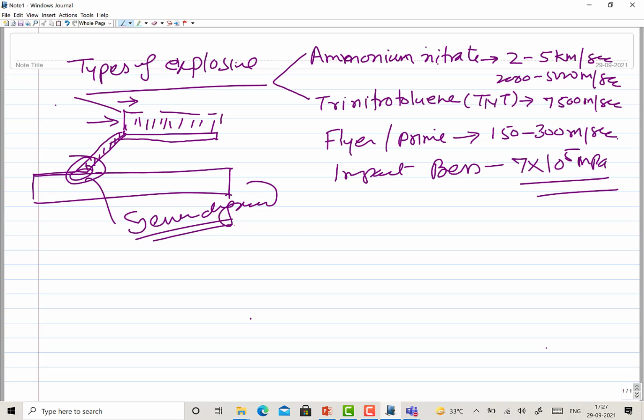As a result, this high pressure, high speed impact will lead to heat generation.